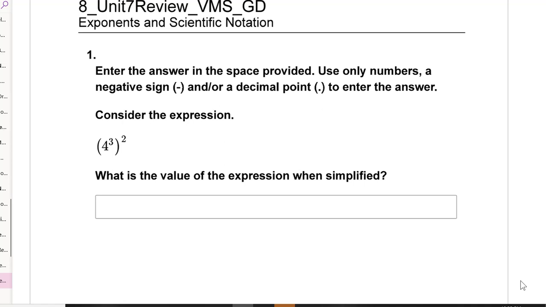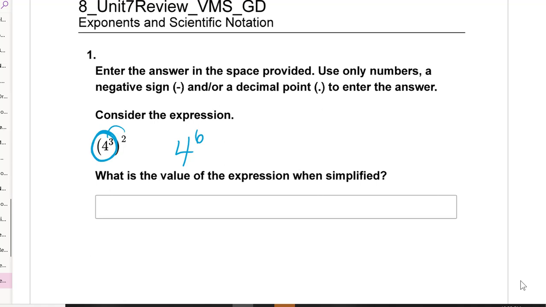If you could enter with the exponent, you could do 2 times 3, because this is a power of a power, and you could find that it's 4 to the 6th. Now, something that might be beneficial for this is to evaluate what is 4 to the 3rd before you square it.